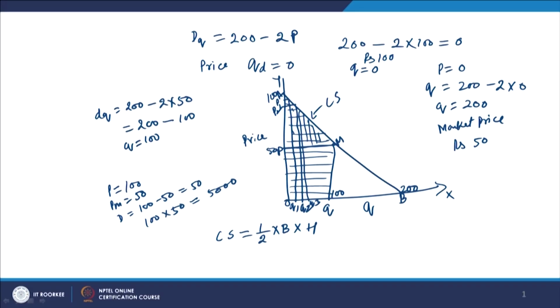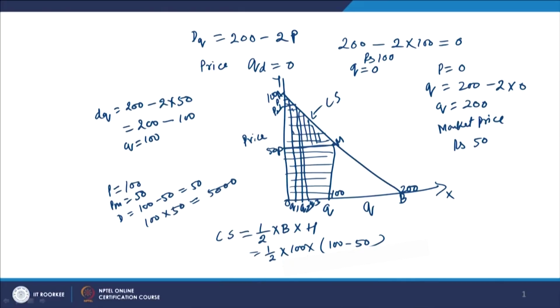So, 1 by 2 into base 100, and height is the difference between what the consumer is willing to pay, the maximum price, and the market price. So, that is here 100 minus 50.